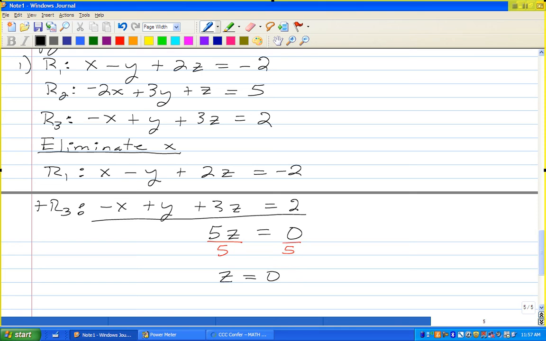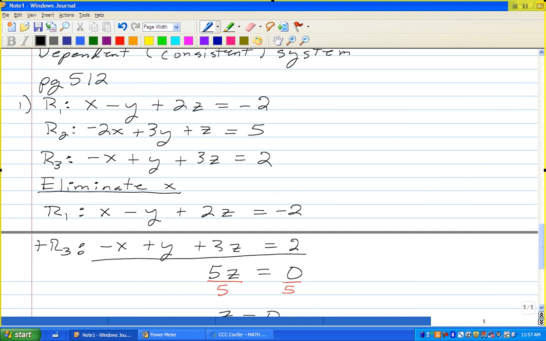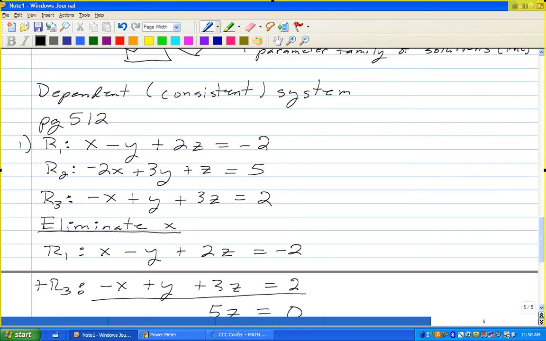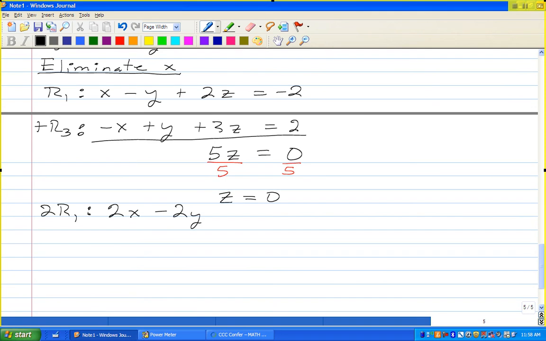Okay, good. Now, let's use R1 and R2 to determine y. So let's see, I have R1, and I want to multiply R1 by 2 because I want to eliminate x. So 2R1, which is 2x minus 2y. But notice that the z is 0, so I'm not even going to write that because I know anything times 0 is 0, equals negative 4.